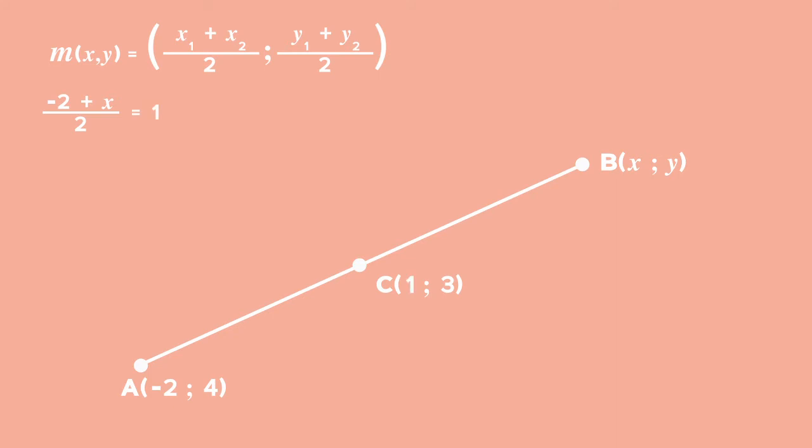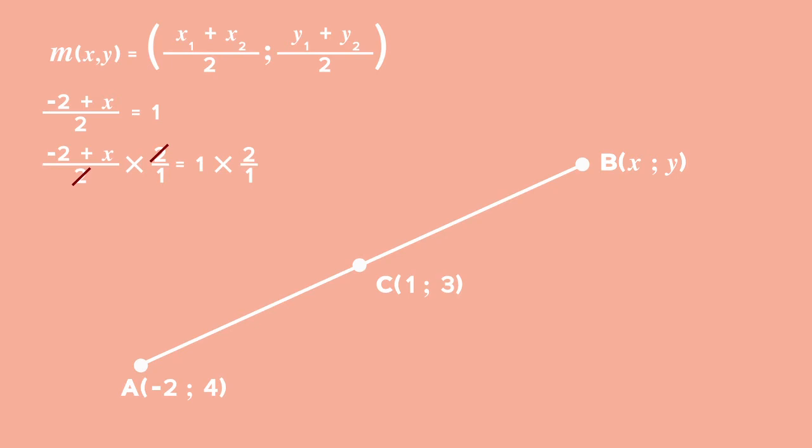We now have an equation that can be used to solve for x. You can find an LCD of 2, or you can simply multiply both sides by 2 over 1 to get rid of the 2 in the denominator on the left-hand side.